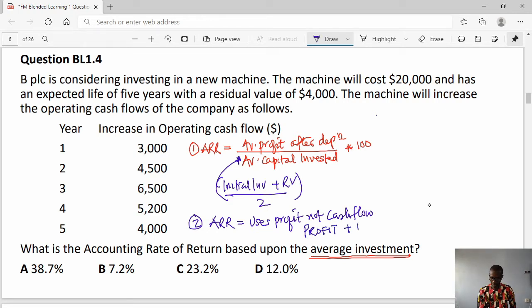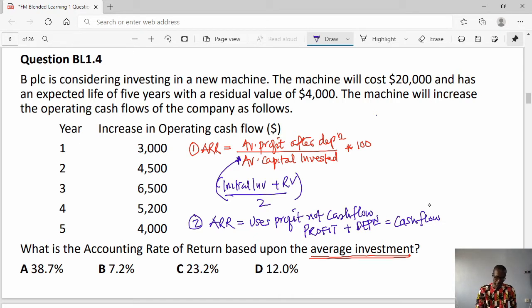When you add depreciation, it gives you the cash flow. So profit plus depreciation gives you the cash flows. Even if you are given cash flow and you want profit, just take the cash flow less the depreciation, then you get your profit.